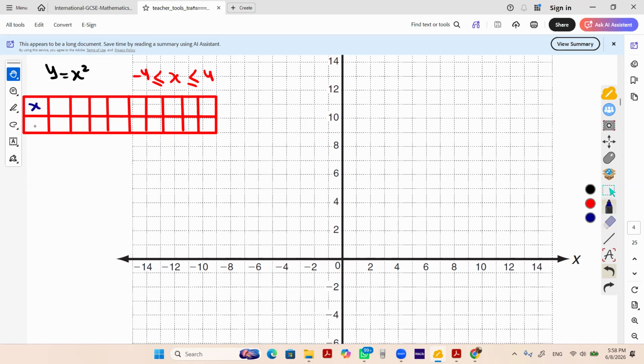X and Y. This is the starting value of X, and 4 is the ending value of X. Start means from -4, -3, -2, -1, 0, 1, 2, 3, and 4 to get Y. First, when X equals -4, what will Y be?